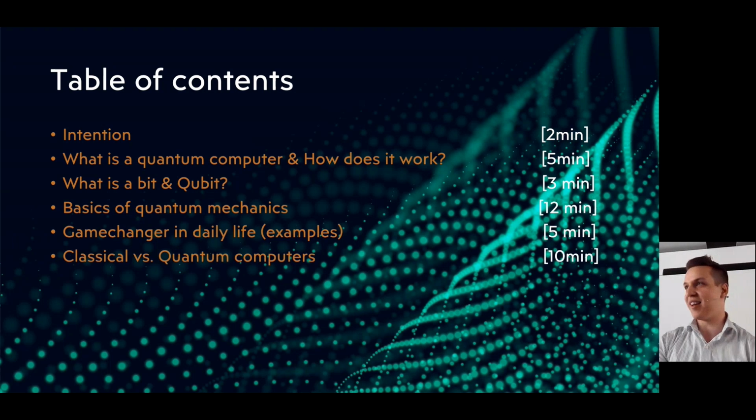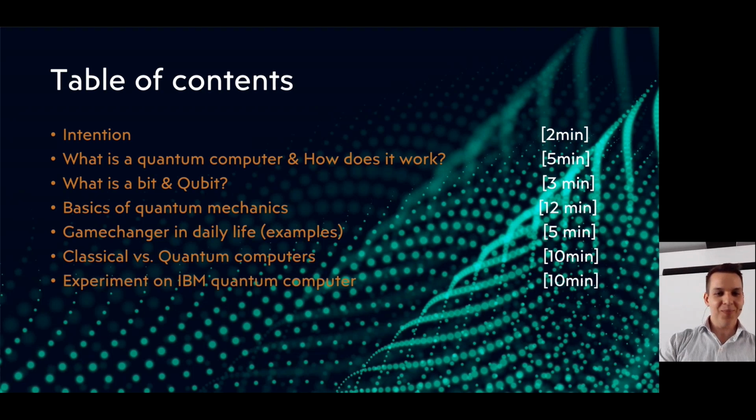Then we will compare the classical computer versus the quantum computers, and also my brain. I made an experiment on the quantum computer. I will share it with you, and I also made it myself with my brain, because I can surprise you. You all have a quantum computer in your head. And this is the experiment I told you. We're going to program it on IBM, but just roughly because it's a bit complicated, and I want to give you the basics today.